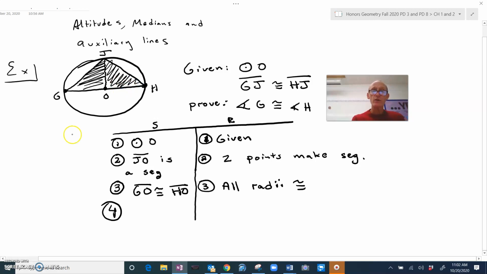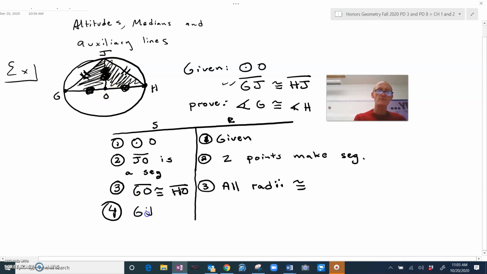And I think we can do it by side, side, side, because we have GJ congruent to HJ. And we have these two segments congruent. And we have an auxiliary line. So we have side, side, side. So we need to get the auxiliary line in there.